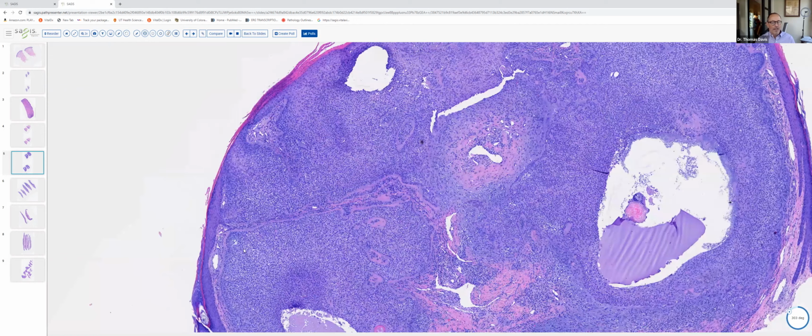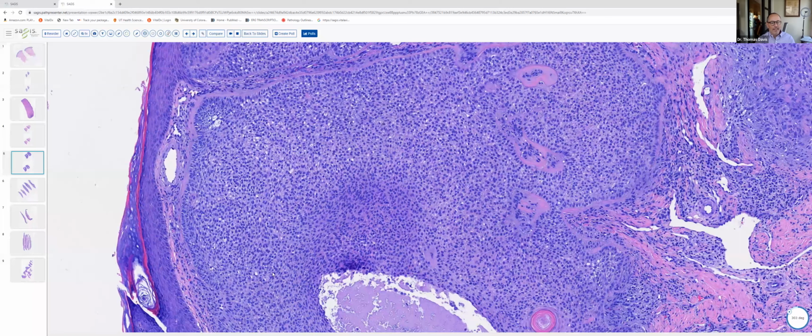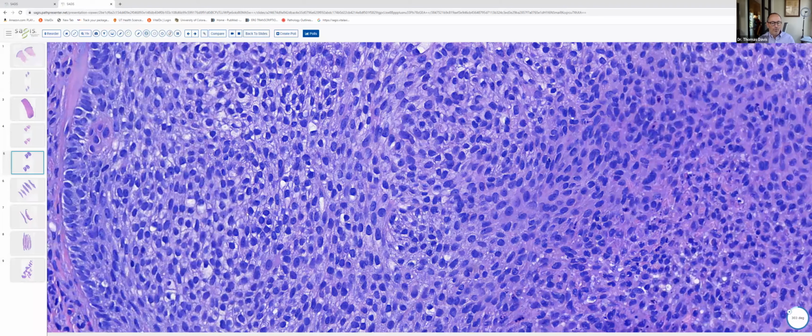If we move into higher power and take a look at the epithelial cells, we can see that they've got uniform round to oval nuclei, and most of them have fairly abundant clear staining cytoplasm, and that these clear staining cells are filled with glycogen. So we've got glycogenated epithelial cells here.